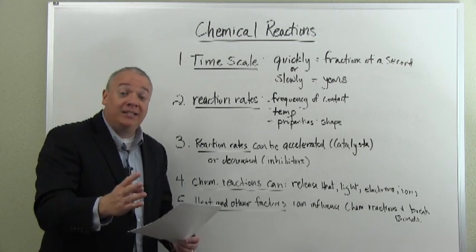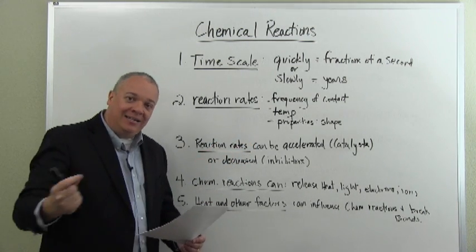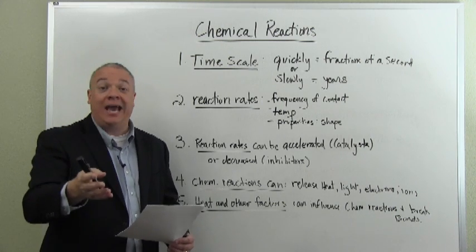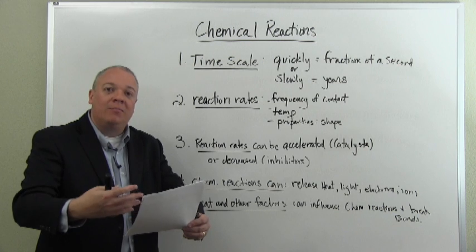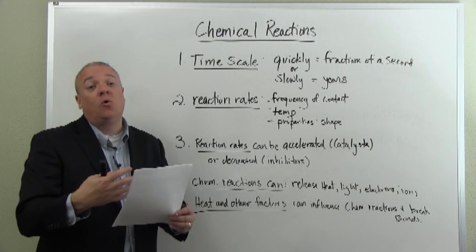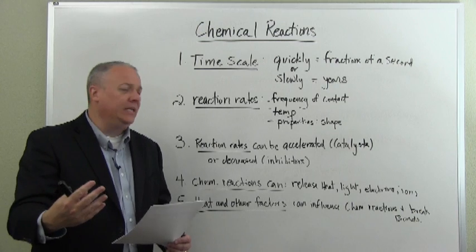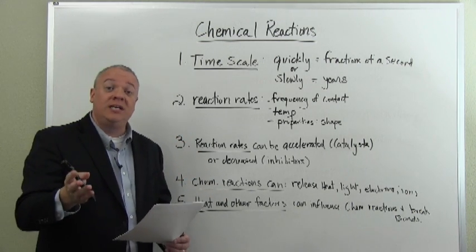Then when we think about reaction rates, you can actually influence those rates. You can accelerate a reaction rate. This is called using a catalyst. A catalyst is introduced into that chemical reaction, which greatly speeds it up. And that's the catalyst's only job, to come into this interaction between these chemicals and speed up that reaction that would ordinarily take place over a slower period of time. You rapidly increase it. But you can also decrease reaction rates, and this is called using inhibitors.